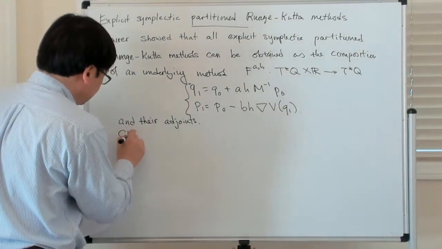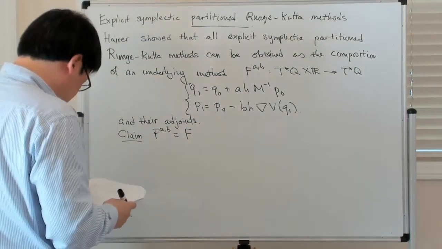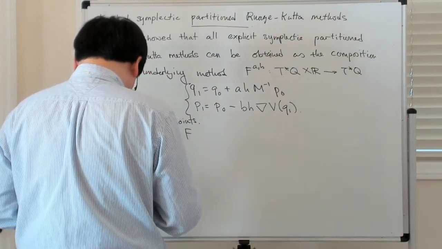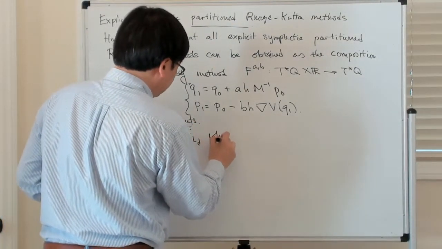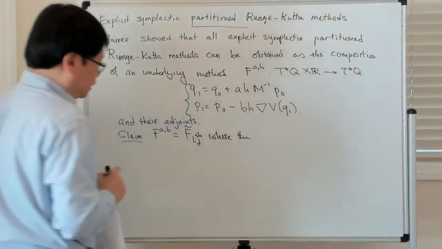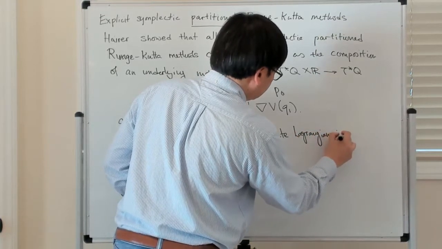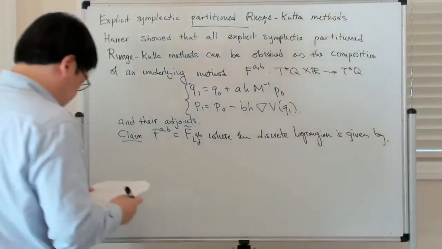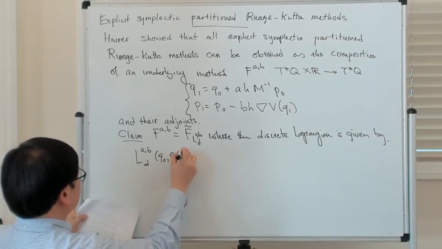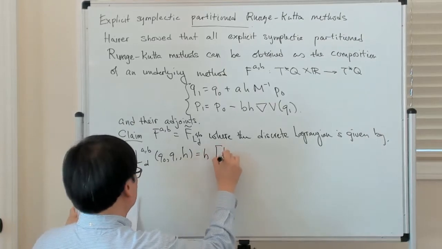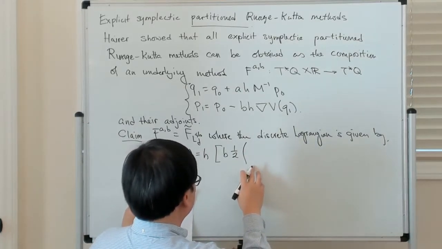The claim is that this F_AB map is equal to the discrete Lagrangian flow map, denoted F tilde, for a discrete Lagrangian L_d^AB, which is given by the following: L_d^AB(Q0, Q1, h) is h times B times one half of the finite difference approximation of the Q dot M Q dot term.